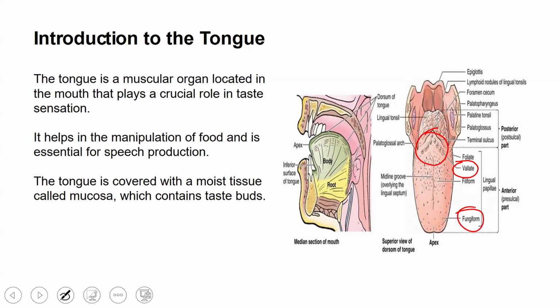And the major function of the fungiform, if you remember from the slides I just showed, is that it is important in sweet and salty tastes. So this is the vallate, and we have filiform, we have foliate.